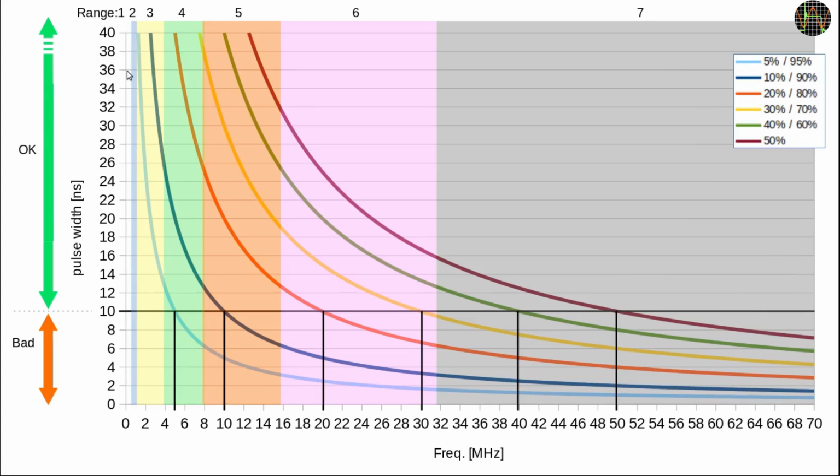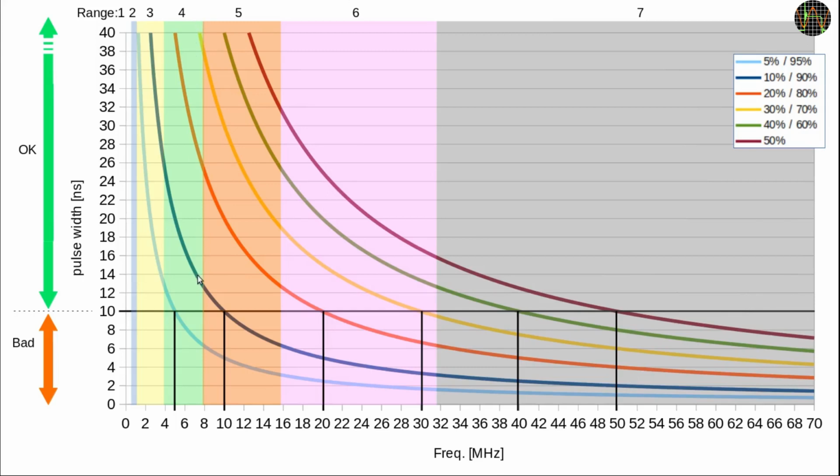Previously the prescaler wasn't active in ranges 2 and 3, leading to Heim's problem, but now it is. This means the required pulse width is now just 10 nanoseconds for this whole area covered by ranges 2 to 7. The prescaler, of course, does not solve everything.